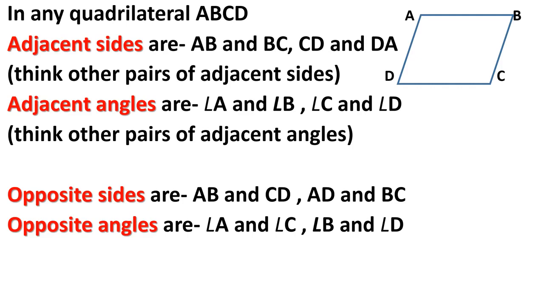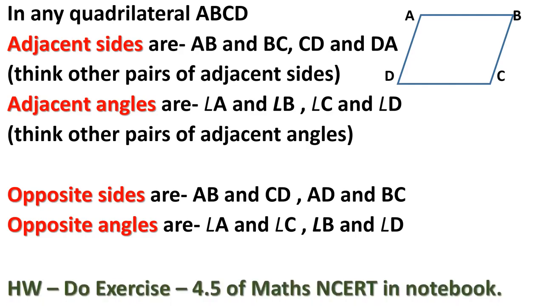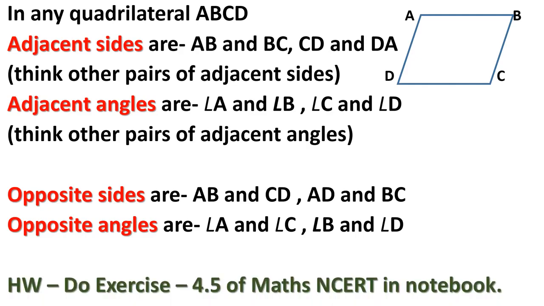We are not writing the name of the angle here, otherwise it is the same. See beta, these are very small topics, but they are very important, so please understand them very well. Okay, and do homework: Exercise 4.5 of the Maths NCERT book in your notebook.